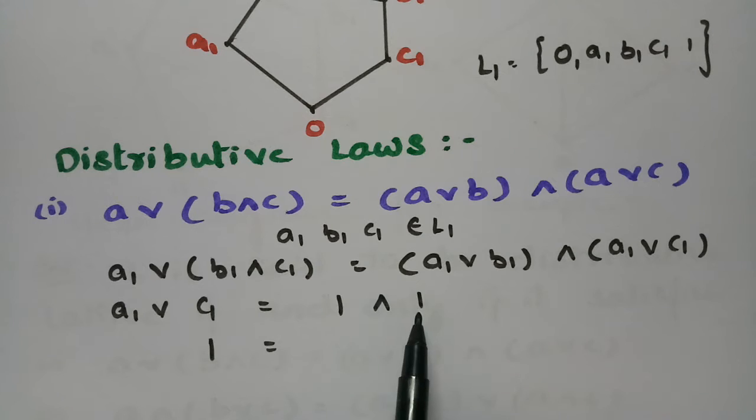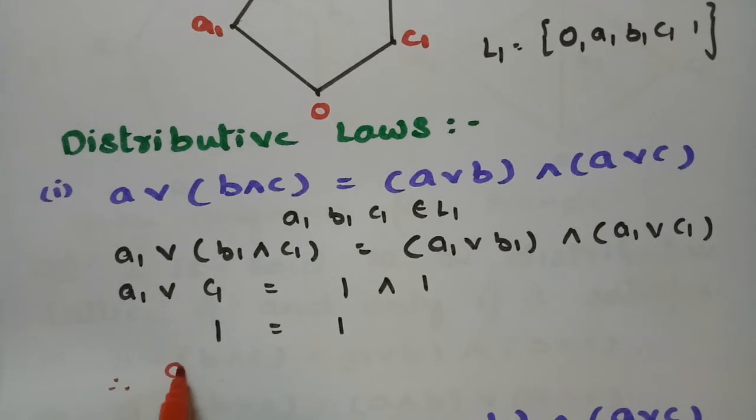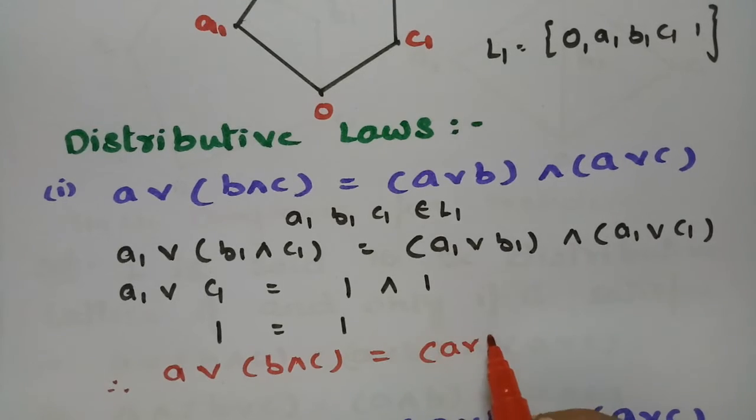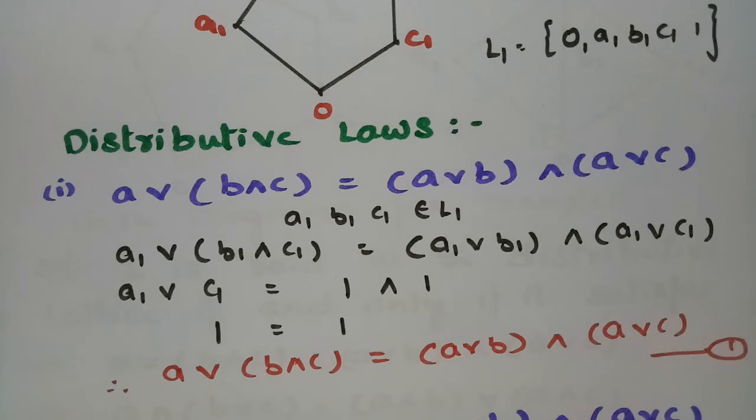Among 1 and 1, 1 is the least element. So it satisfies the distributive law. Therefore A join (B meet C) is equal to (A join B) meet (A join C). So equation 1 holds.